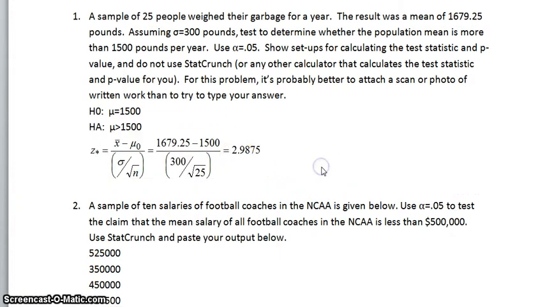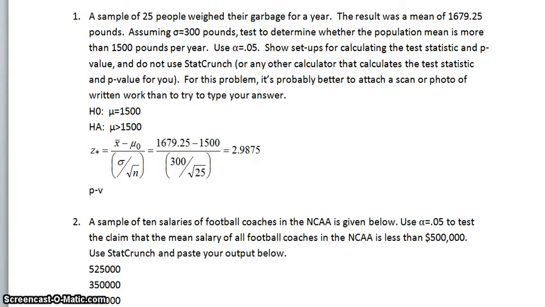Okay. To get our p-value, remember that the p-value is the probability that the test statistic, which we're calling z star, is in the same direction as the alternative hypothesis. So that's going to be greater than 2.9875, which is 2.99.